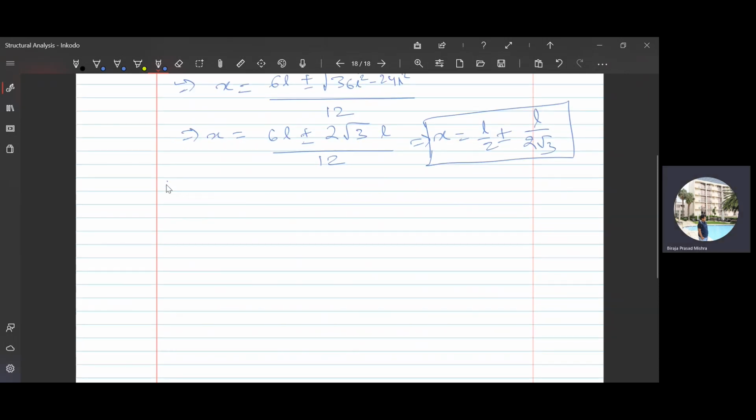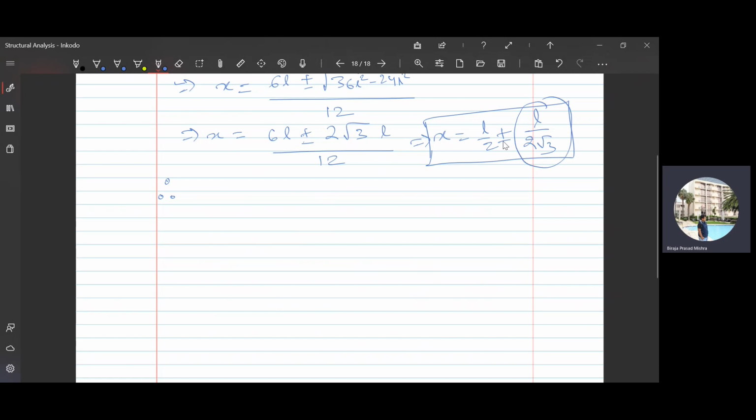So therefore, can I say that this is L by 2, that is half, plus minus L by 2 root 3.